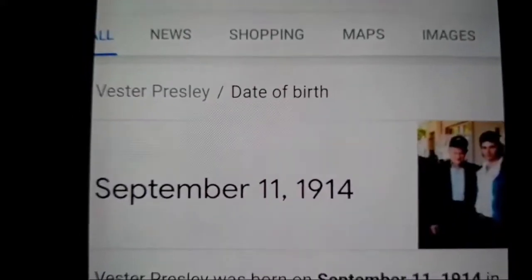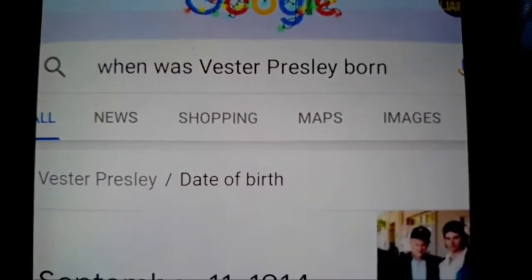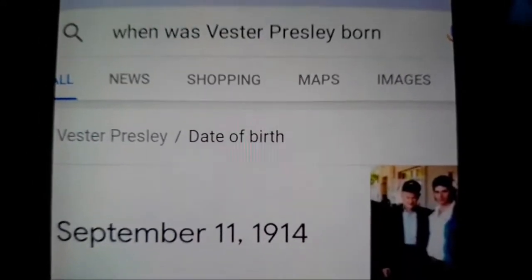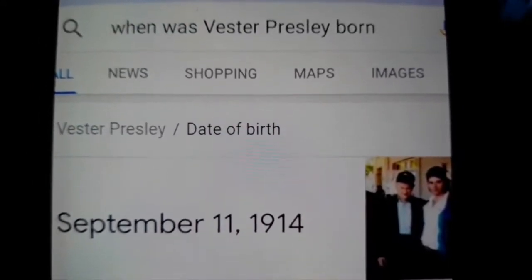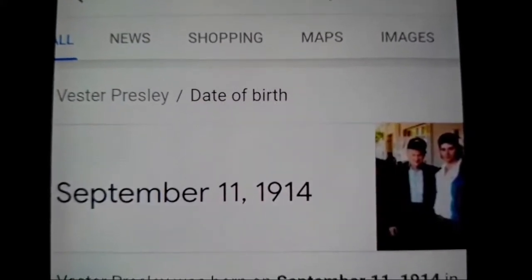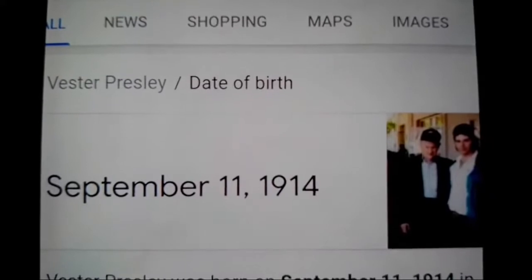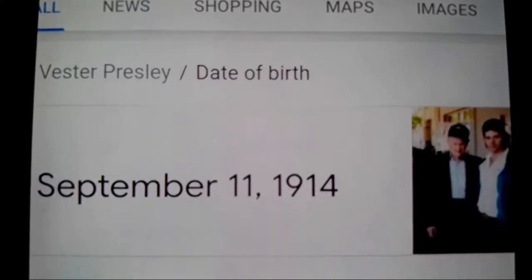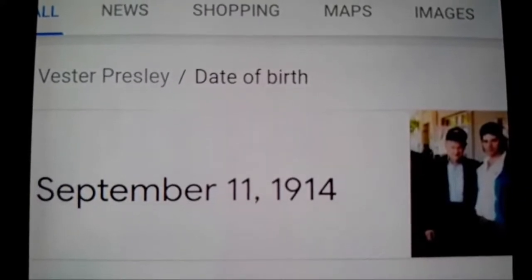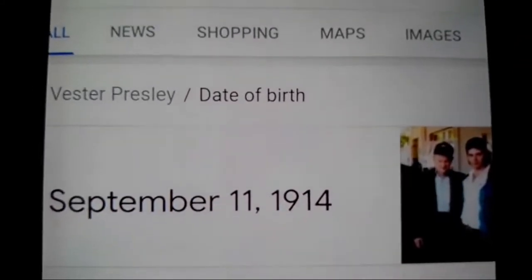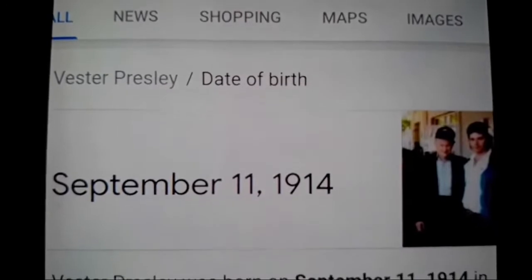Vernon Presley's brother, Vester Presley, is born on 9/11. Do you understand? And by the way, the 914 can be the 419 backwards. It can be the 614 because the 6 can be turned upside down. So Vernon Presley's brother is born on 9/11.